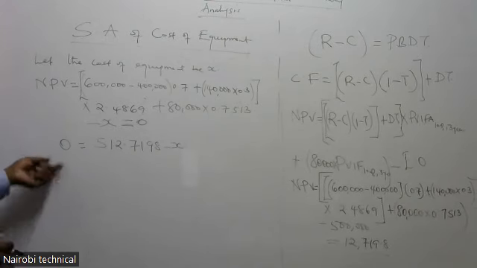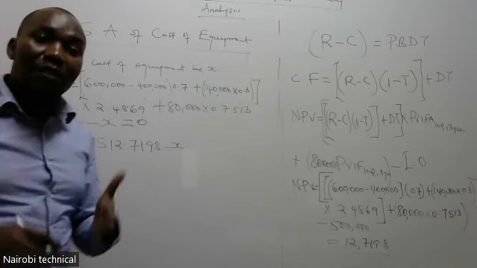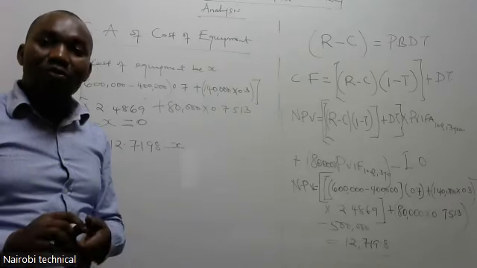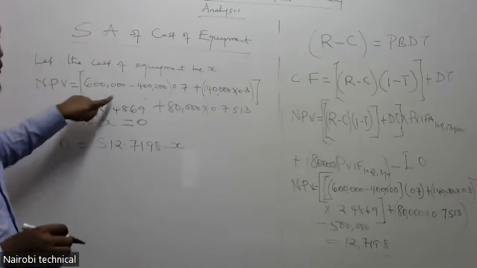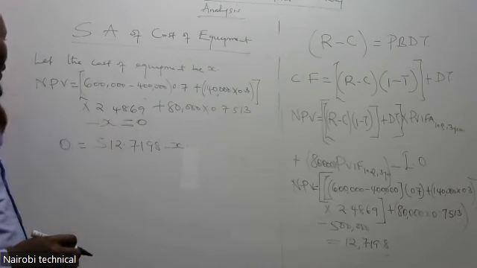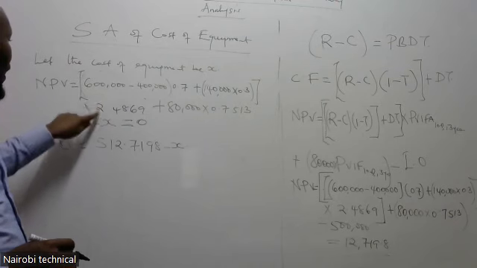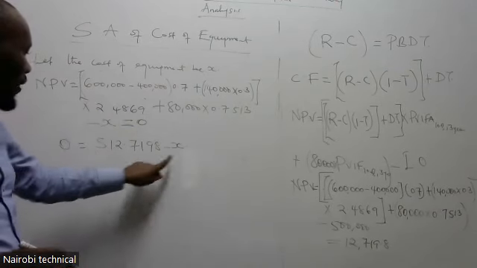So then this means, I'll repeat again, that NPV using break-even point is equal to 0. So it means that NPV is equal to this figure, which is equal to 0. So even if we remove NPV, we are basically saying that this whole figure is equal to 0. And that is what is here. So 0 is equal to that figure.